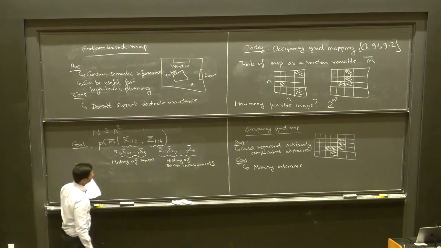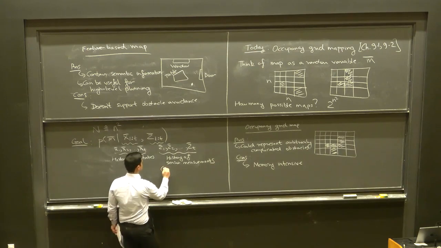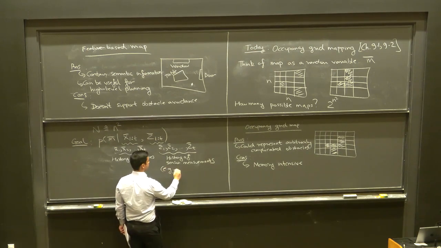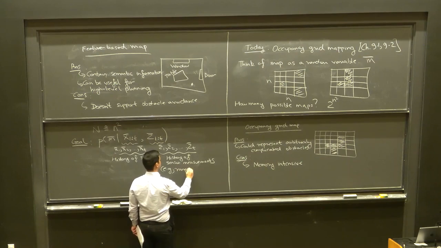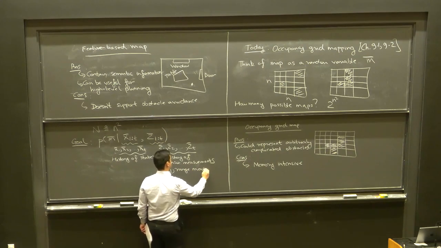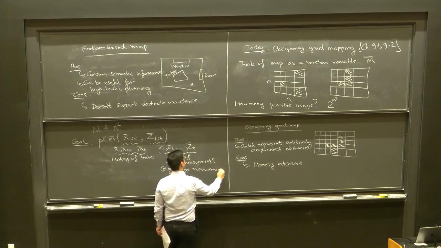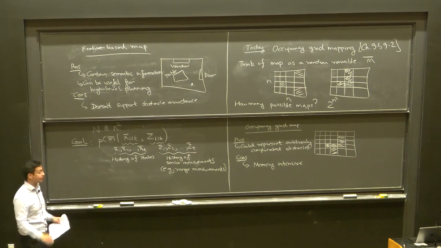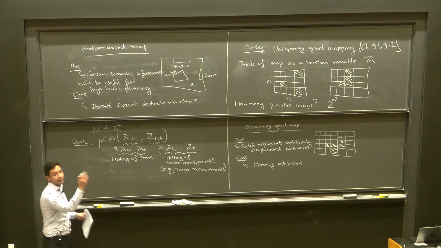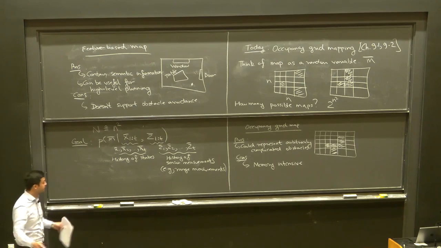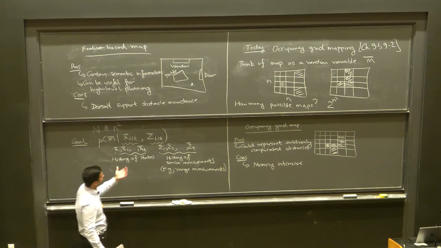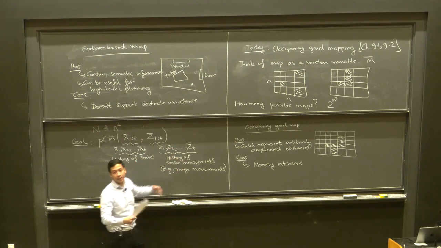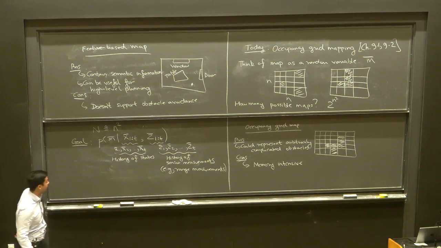And just for the sake of concreteness, you can think of this as range measurements. So the robot has a range sensor, so a depth sensor, something that gives it a distance along many rays. That's one possibility. But something that tells the robot information about its environment.